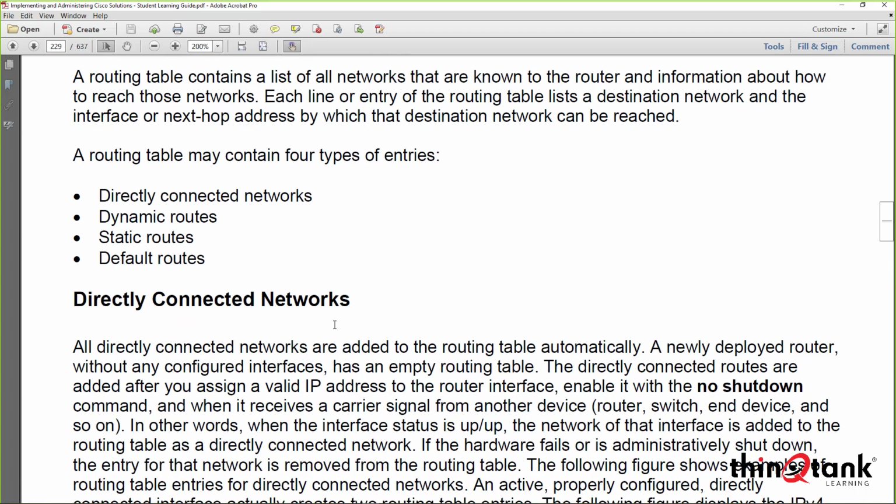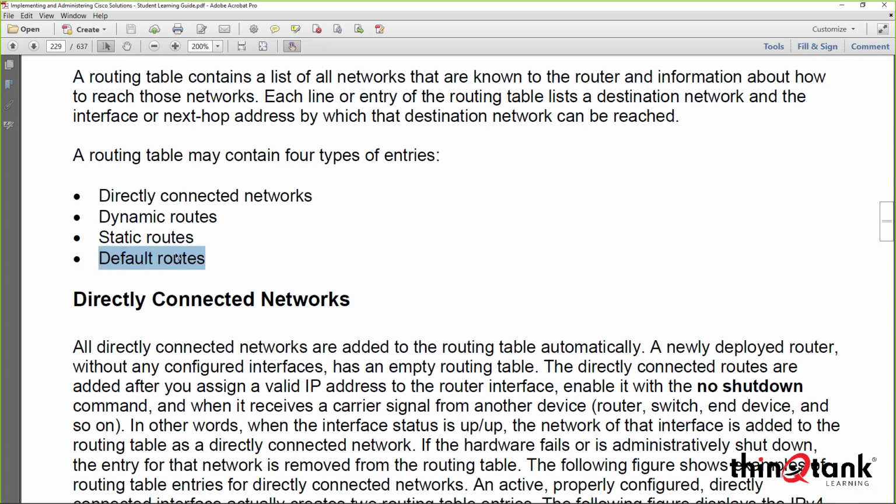So a routing table is basically everything that I know. And like I said, there are 3 things that you can basically know. You can know what your directly connected routes are, which are the ones that are physically connected to the router. You can know what you learn from other routers through a dynamic routing process, or you can learn via static routes. Now it says static and default.